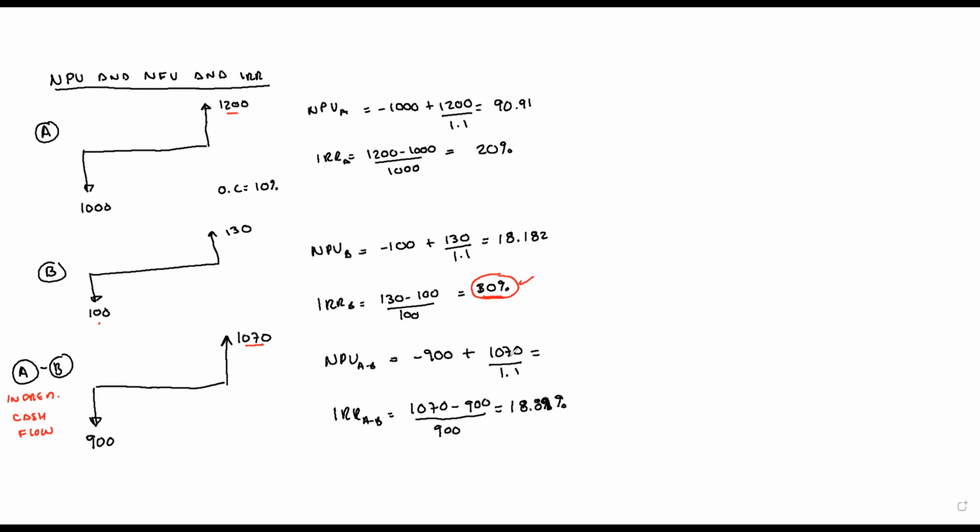So let me compute this number. It's going to be minus 900 plus 1070 divided by 1.1. So it's 72.72, equals 72.73, let's say, if we round this correctly.